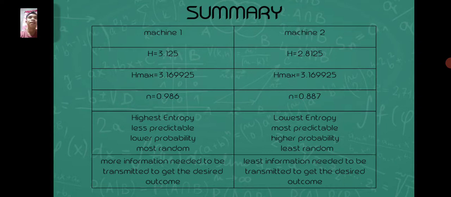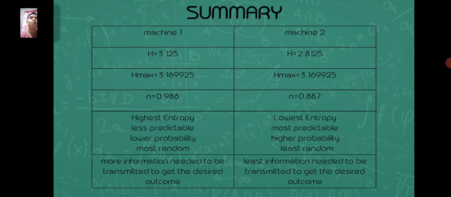Mine is 9, so log base 2 of 9 is equal to 3.169925, and that is the maximum entropy.